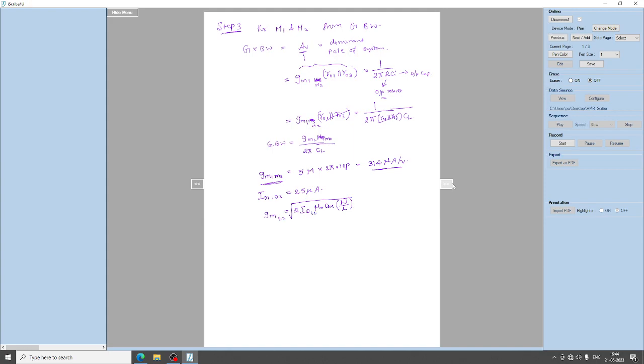Substituting GM, ID and mu n, which is already given, you can find out W by L.